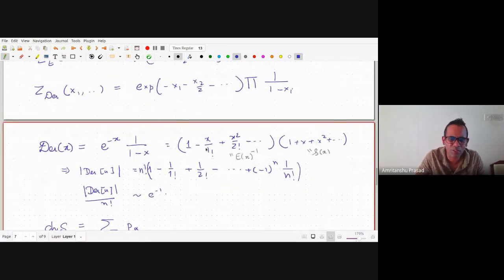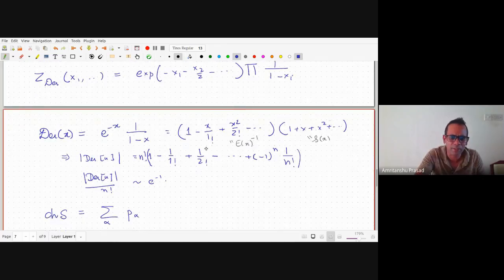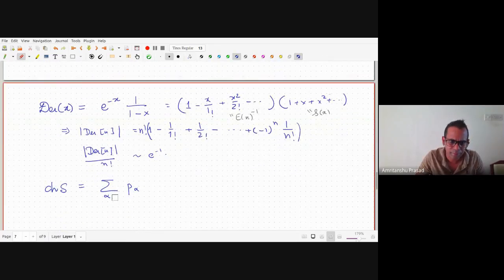So actually what we had got is probably the product, yeah, so this comes straight away, over i greater than or equal to 1 of 1 over 1 minus p_i. And so this is 1 plus p1 plus p1 squared, then 1 plus p2 plus p2 squared, and so on. So it's all possible monomials in the p_i.